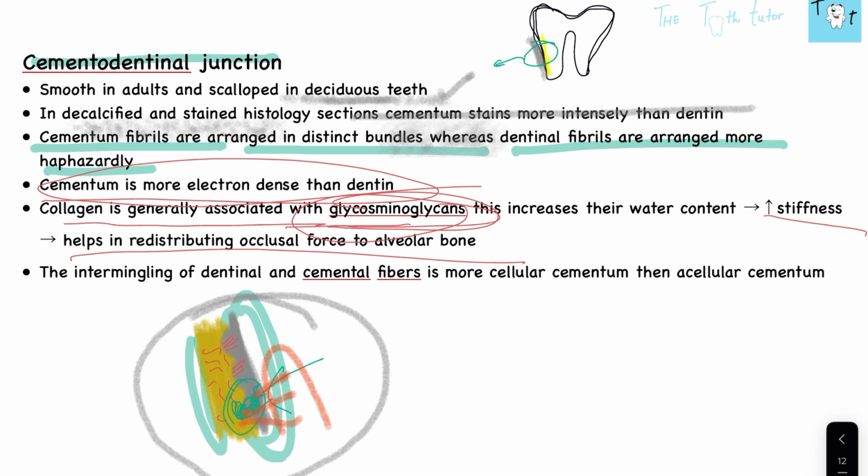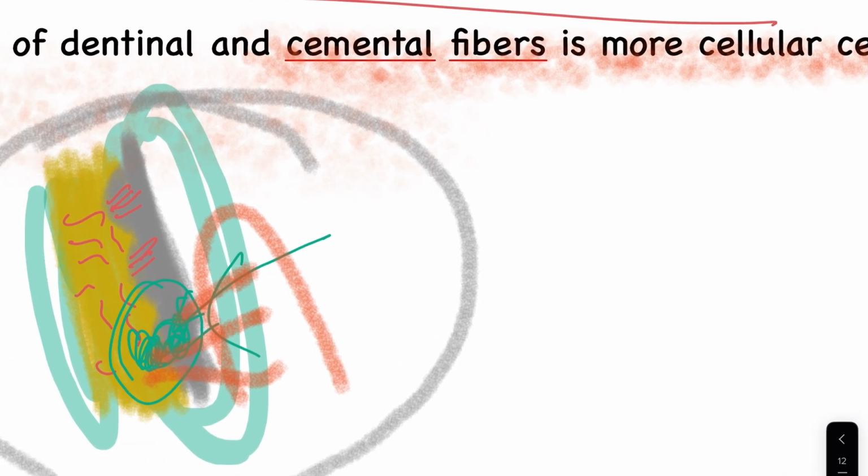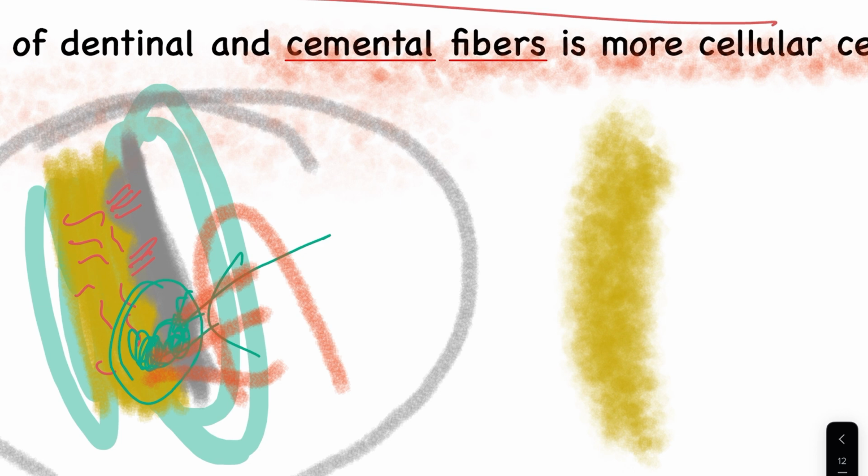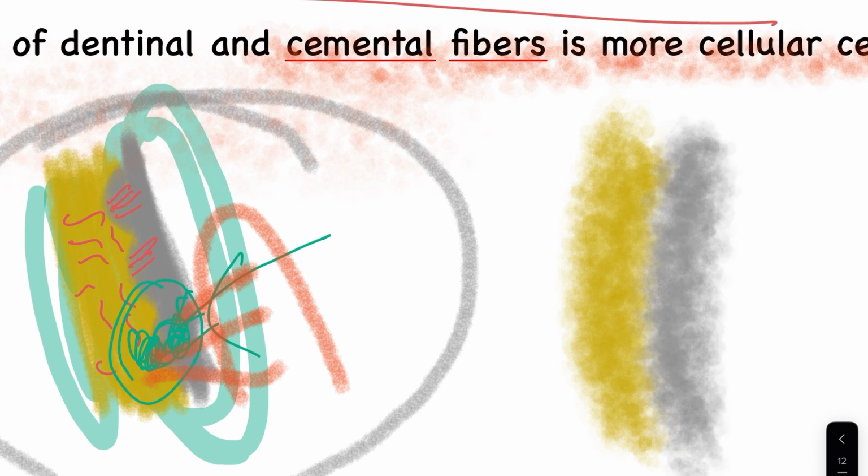Okay. The intermingling of dentinal and cementum fibers is more in cellular cementum than in acellular cementum. If you look closely, I'll just draw a different diagram. If this is your dentine and this is your cementum, they both have some sort of fibers, right?